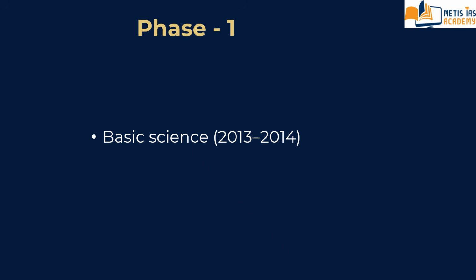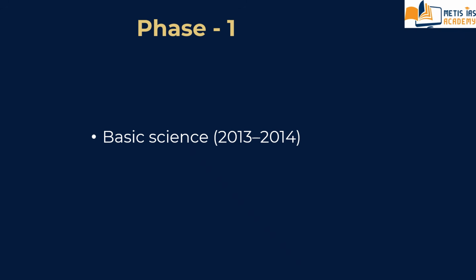So, let us discuss the evolution of science and technology questions from 2013 to 2025. If we analyze the papers over the last decade, we can see four clear phases. We classify them as phase 1, phase 2, phase 3, and phase 4.